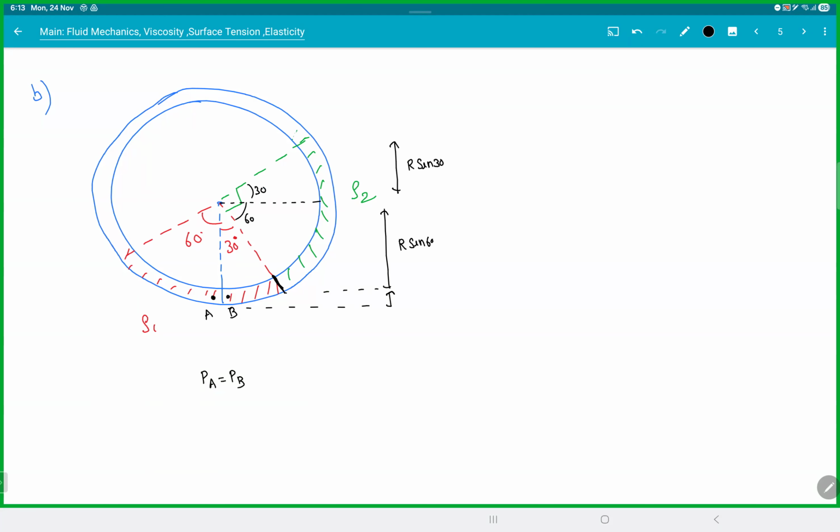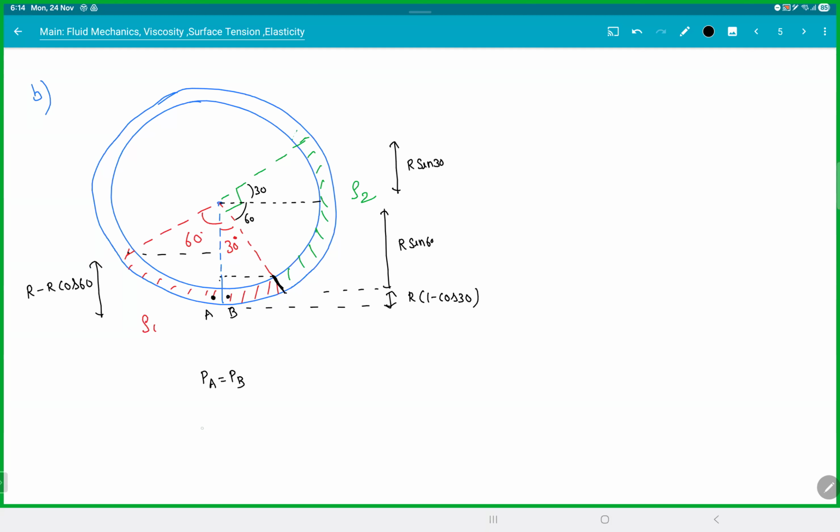This height will be R cos 30, and that piece will be R into 1 minus cos 30. And this height will be, again, R minus R cos 60. Got the heights? Then you're done.